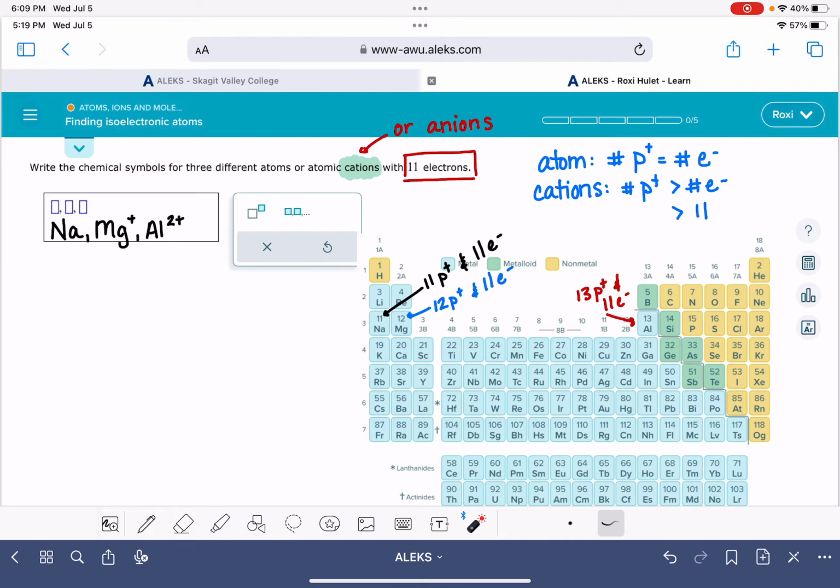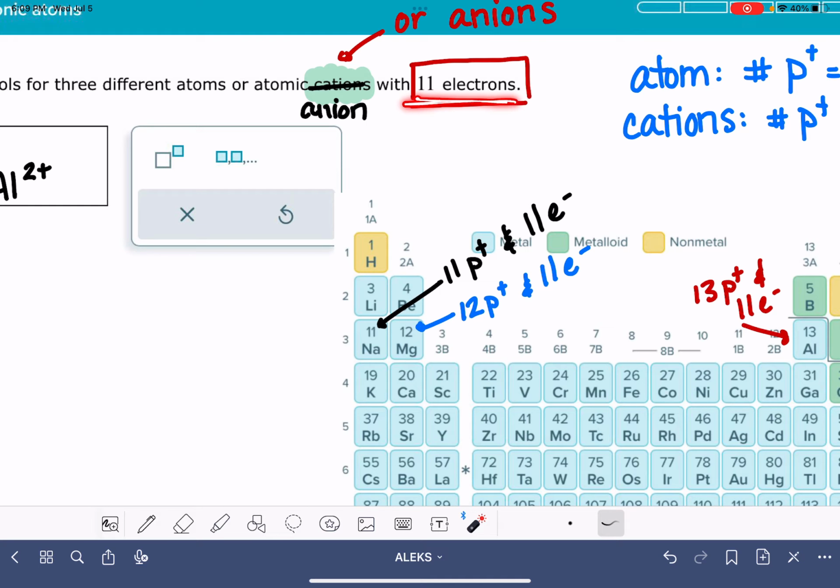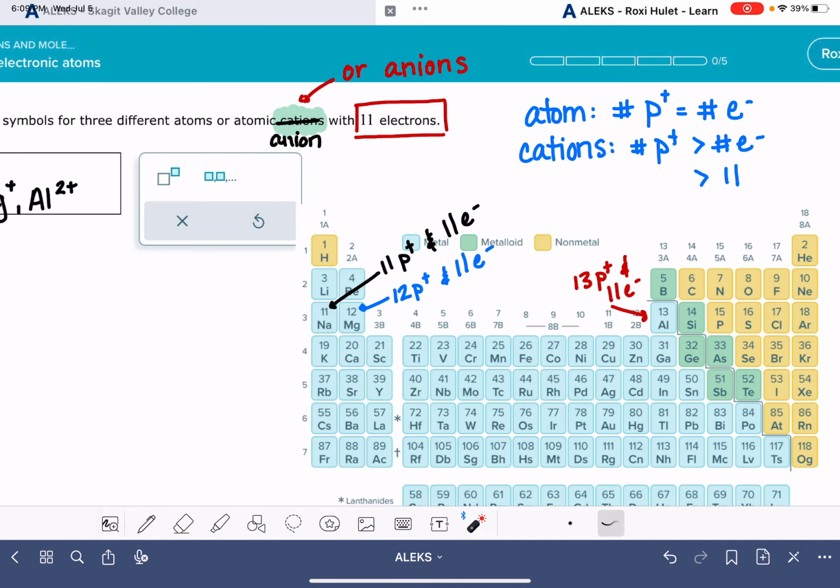Let's pretend we were being asked about an anion, because ALEKS could just say anion and not make any other change, and that would be perfectly fine. If you were looking at the anion version of the problem, your first answer should definitely be the atom itself, with 11 electrons and 11 protons, the same number of protons as electrons.